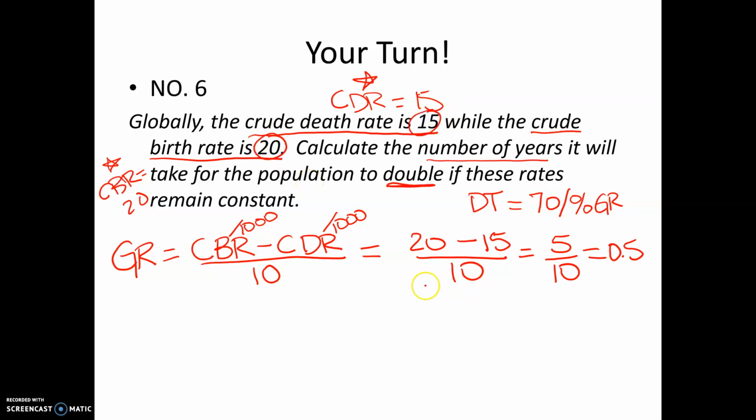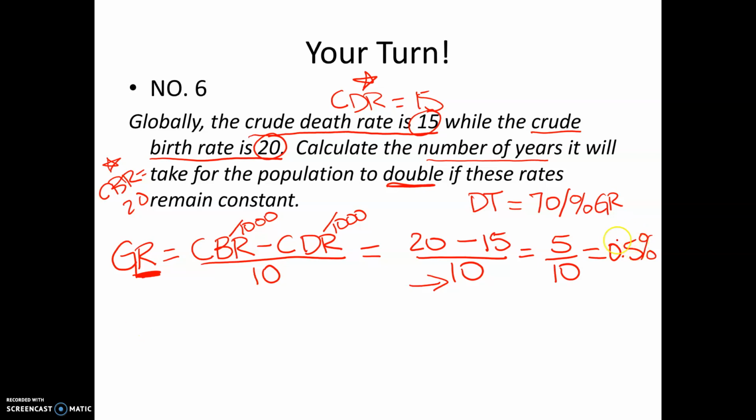When we divide by 10 right here, we're actually putting it into the form of a percentage. So you do not need to do anything to this number to turn it into a percent. It already is a rate. It already is a percent. All right, keep it the way that it is.